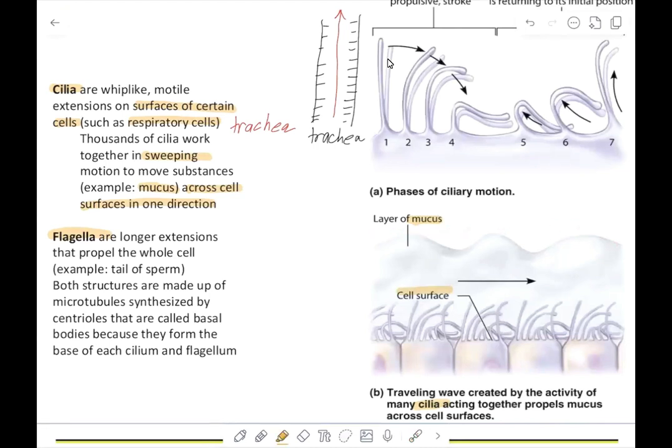Flagella are longer extensions that propel a whole cell, so they would be like the tail of the sperm, and they're only in males. So only a part of the human population has flagella in them, but both of these structures, whether they are cilia or whether they are flagella, are made up of microtubules synthesized by centrioles. And they form the base of the cilium or the flagellum.